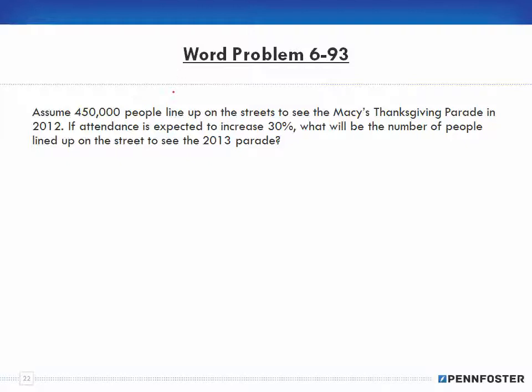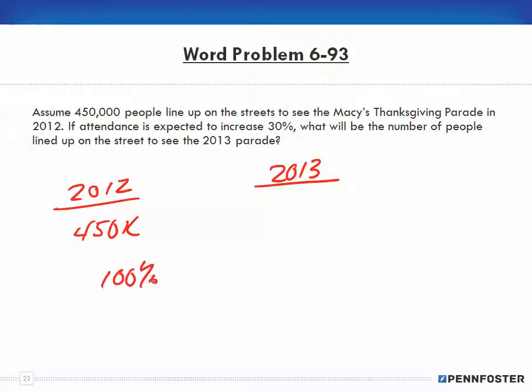Assume 450,000 people line up on the streets to see the Macy's Thanksgiving Parade in 2012. If attendance is expected to increase 30%, okay, so if it's expected to increase, that means we're talking about 2013, and if it increases 30%, that means we had 100% from 2012 plus 30% increase for the 2013 parade.